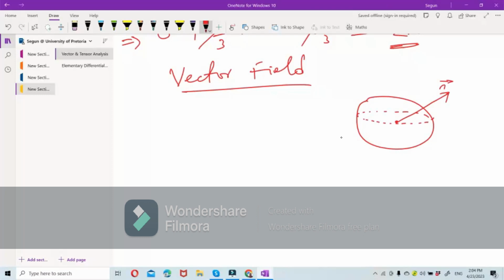At this point we have the positive, and we also have the inward. The inward aspect is at the negative side.